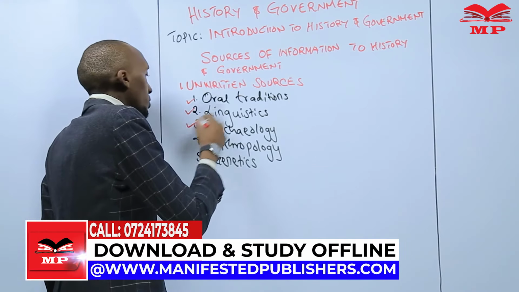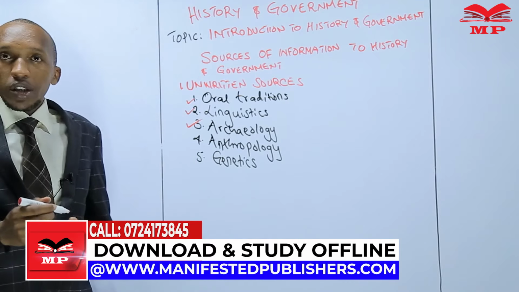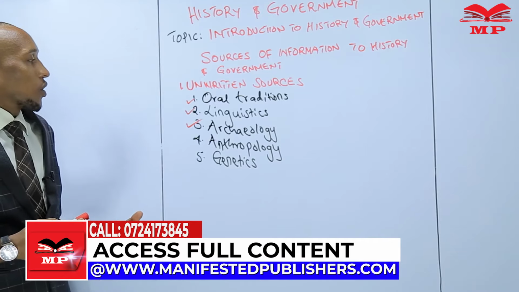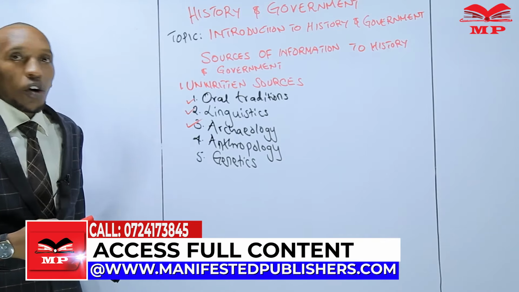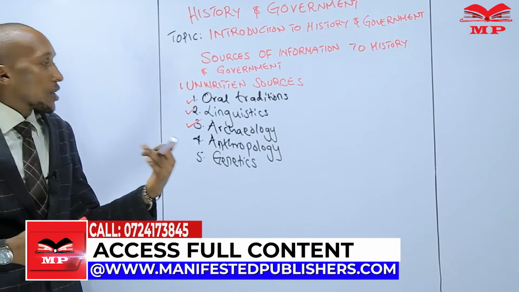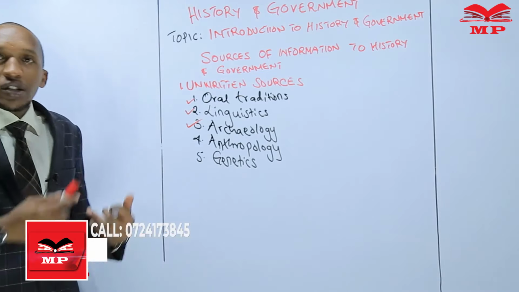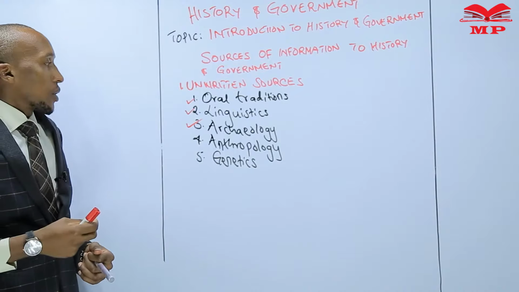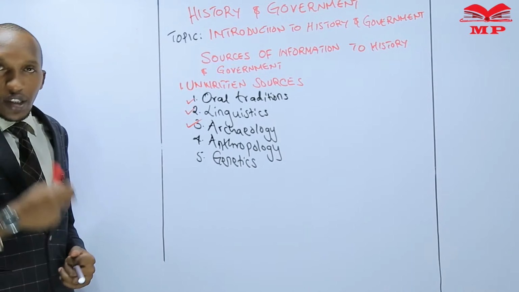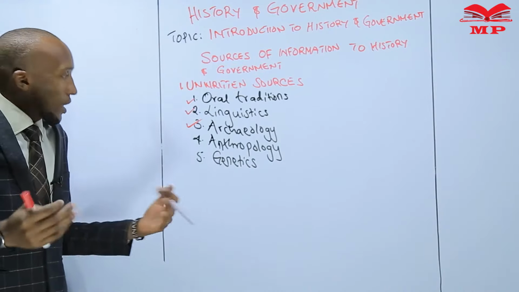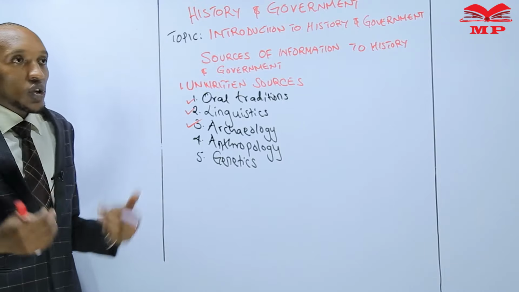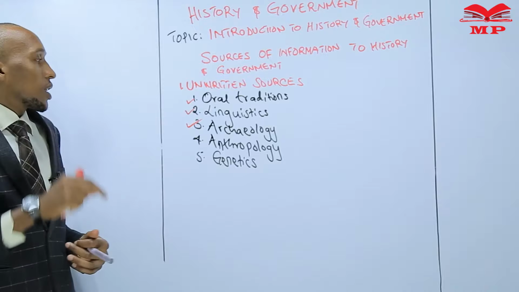Archaeology is the scientific study of material remains of human activities. We looked at artifacts, fossils, and the different ways of establishing an archaeological site, or where somebody can find these remains.